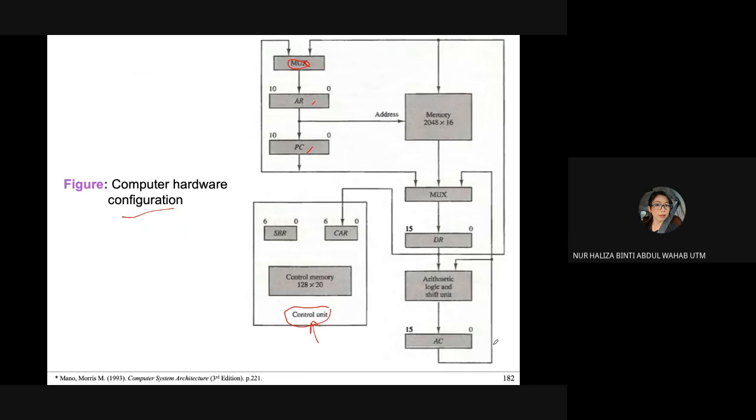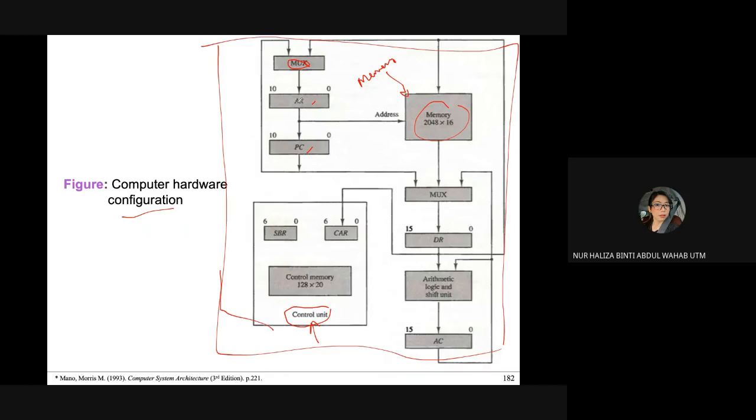This one I think is not yet touched, especially your memory, because we are going to cover memory and go deeper in our module 6. But basically this is one of your CPU. That's why you have ALU here, you have your registers, and you have your control unit.